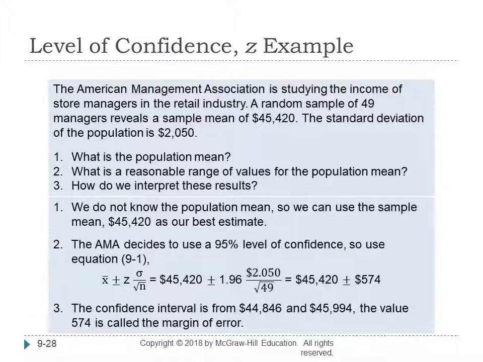The other way to interpret confidence intervals is that if you look at all possible samples of size 49, 95% of these sample means will be within those two values. Both interpretations are equivalent.